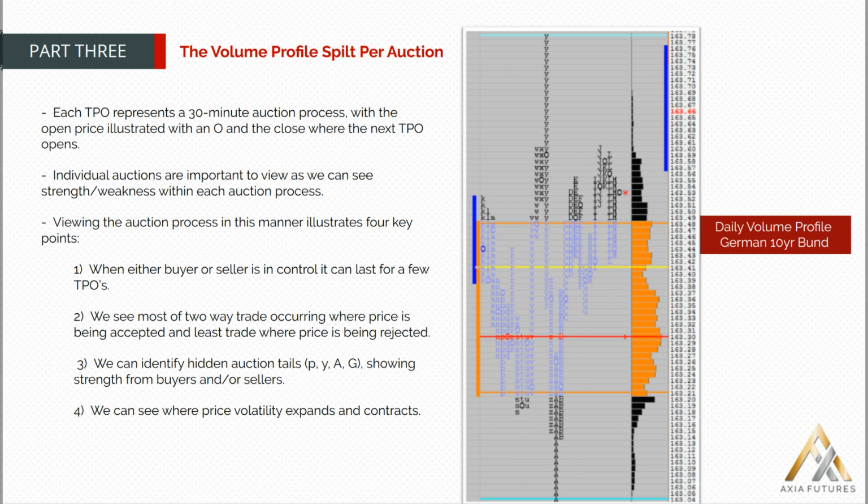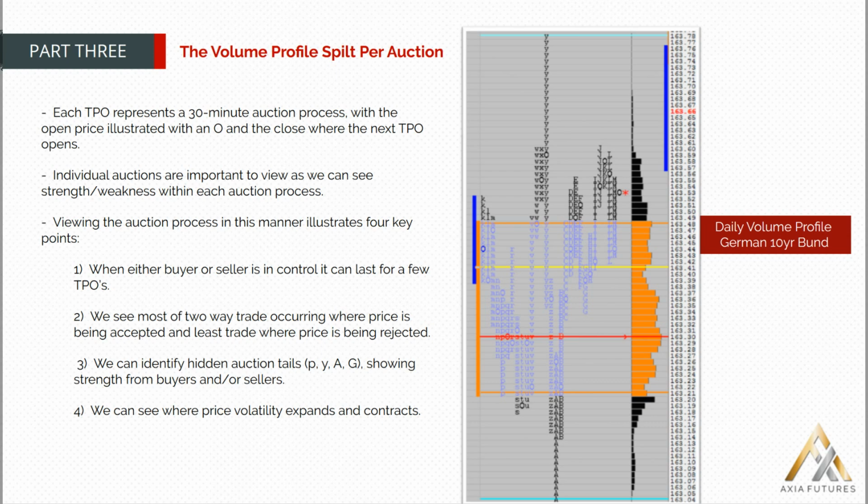So by opening up the profiles, we're able to see the individual auctions taking place, and when a buyer or a seller is in control, it takes quite a long time for it to eventually turn around. Knowing this is extremely powerful information, because it means that even if we wish to go counter trend, sometimes we just have to be a little bit patient for our trade to play out.